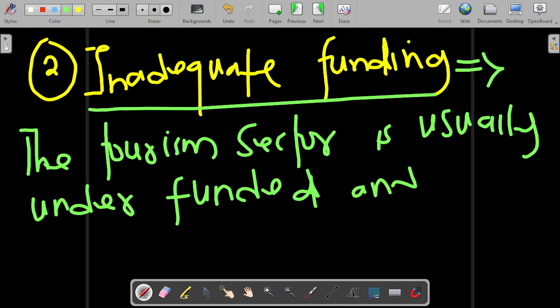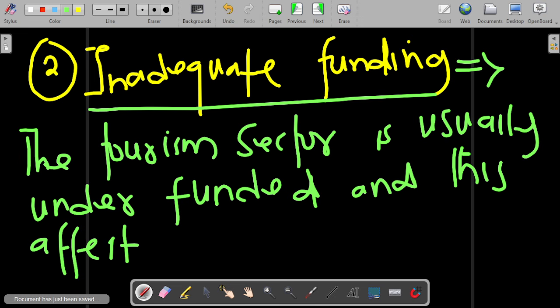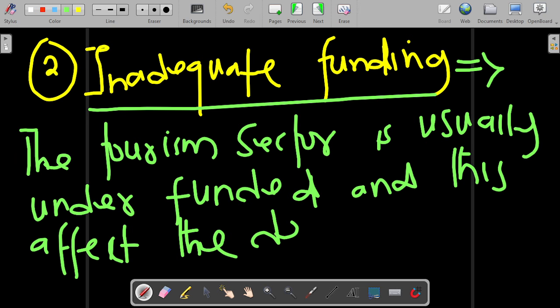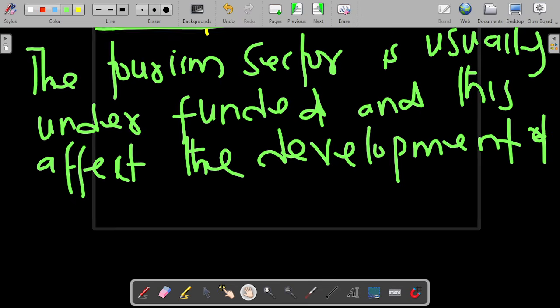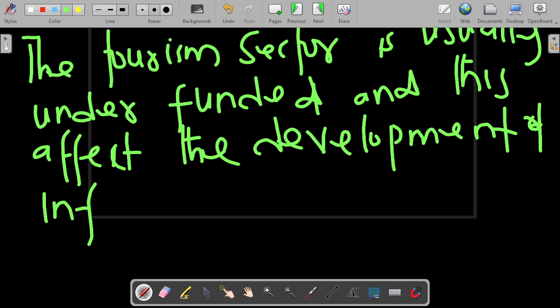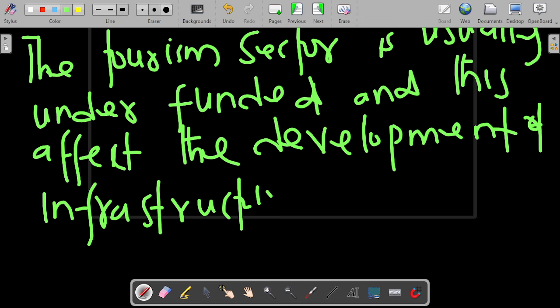And this affects the development of infrastructure.